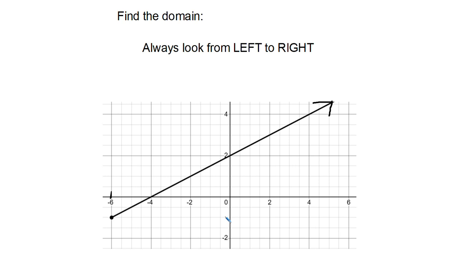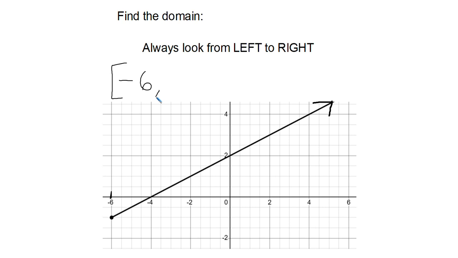So since this value at negative 6 is where it ends, that's the furthest left we go, so we'll use a negative 6. And then because it's a closed endpoint, meaning that we have a filled-in circle there, sometimes we'll see open circles, it'll be different then. But this time we have a closed circle. That'll give us a bracket, meaning that we include x equals negative 6 as part of the domain.